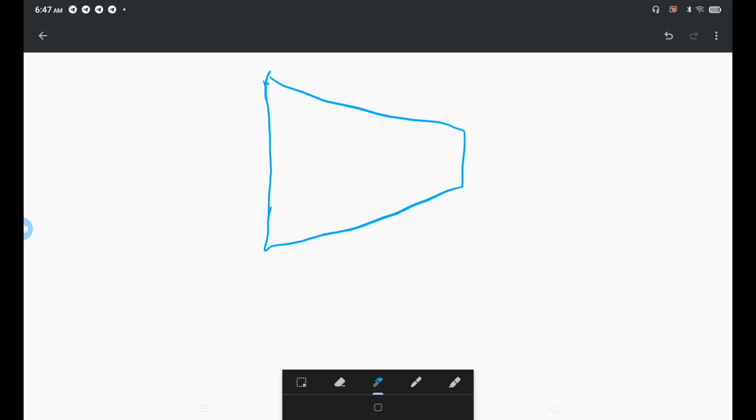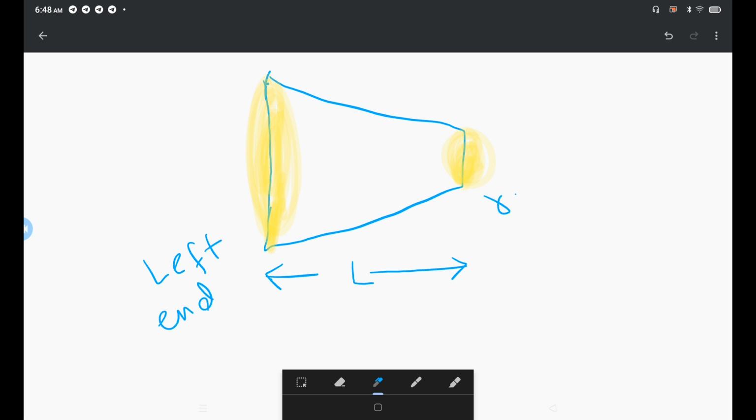The length of the tapering rod is L. Let us assume that the tapering rod has two ends, one is the left end and the other is the right end.